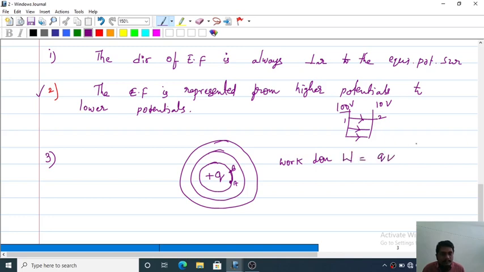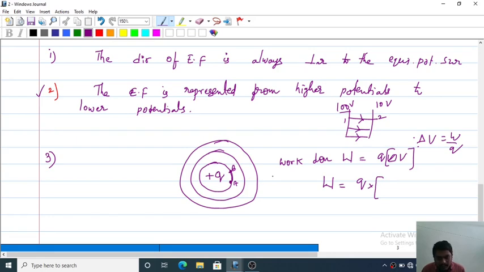Since V equals W by Q, the work done can be written as Q into V. Therefore W equals Q into delta V, Q into delta V means potential difference.